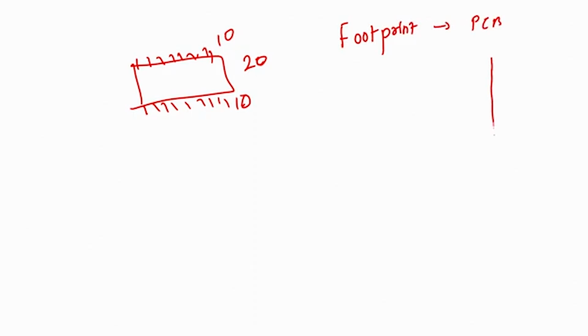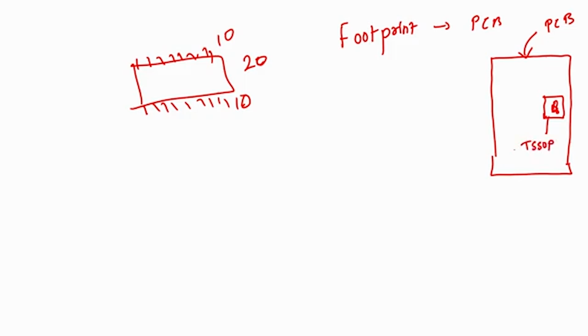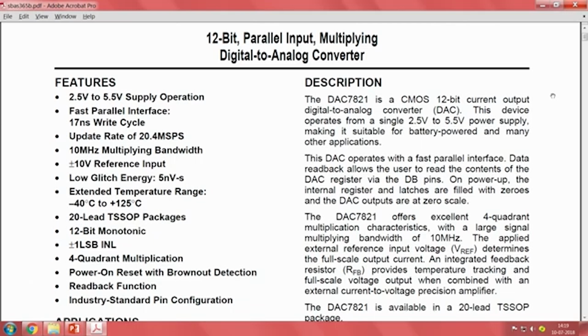Let us say we make a PCB with this DAC, correct. The IC will be placed somewhere on the PCB, so for this we need to know the package. This is TSSOP with 20 leads, usually called 20 TSSOP or TSSOP 20. Accordingly we have to create the package. You need to remember this when you are making a design, as we are always talking from your design point of view.